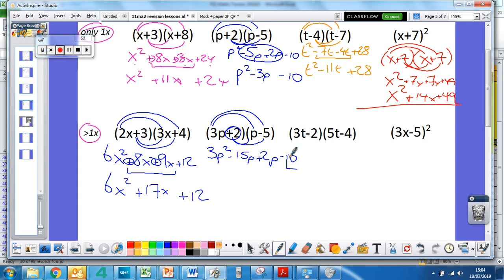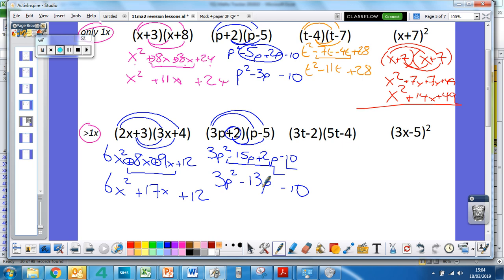It is the bit in the middle we need to tidy up. We still have the 3p squared. We still have the minus 10. The bit in the middle, be careful. Minus 15 plus 2. On the number line, you're at negative 15. You move up 2 places to negative 13. Just the negative numbers that are the most dangerous part.